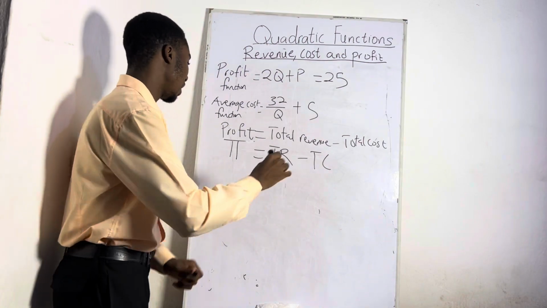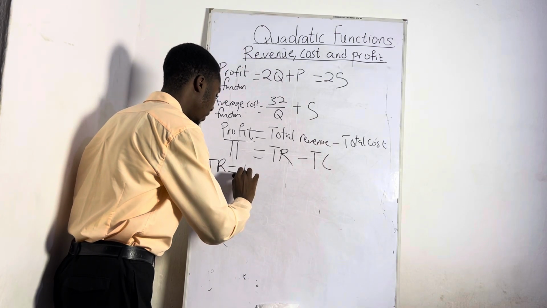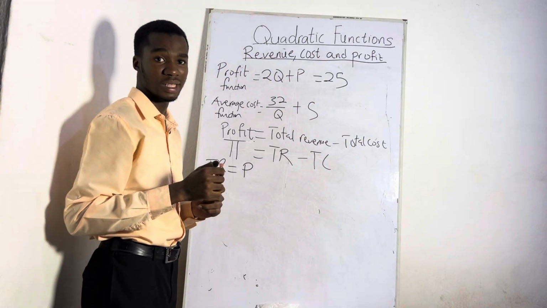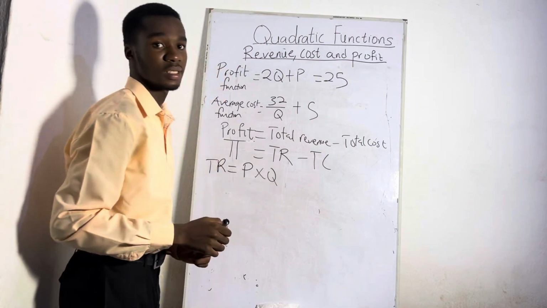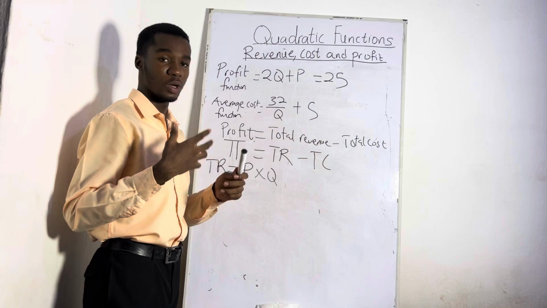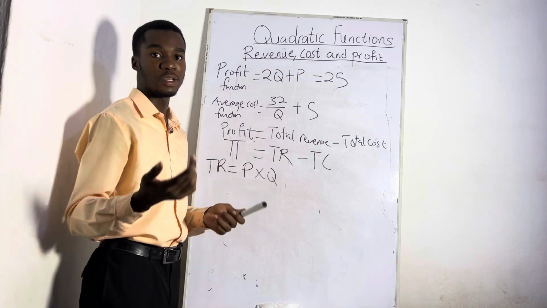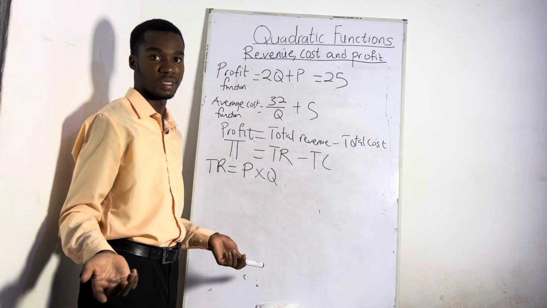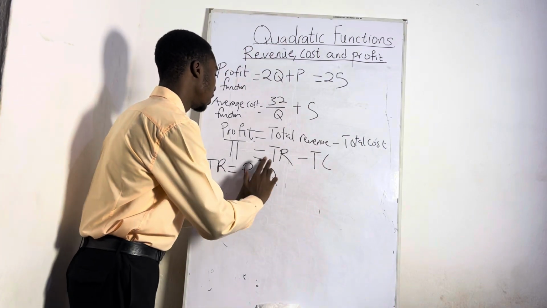So total revenue is equal to the price, which is how much I'm selling it for, times the quantity. That's how much I'm making.